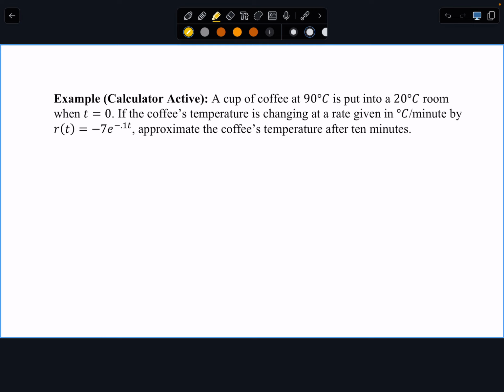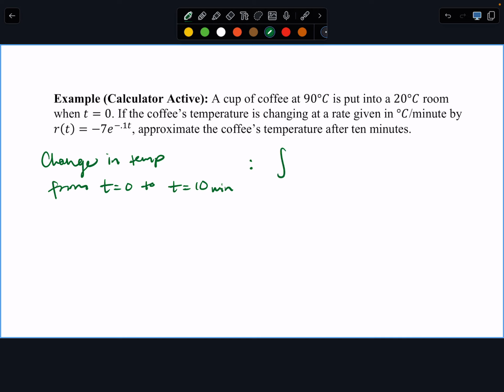So we want to calculate the change in temperature from t equals 0 to t equals 10 minutes. Now that would be equal to the integral from 0 to 10 of R of t.